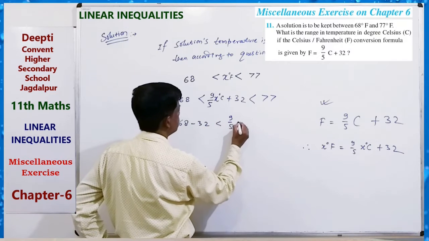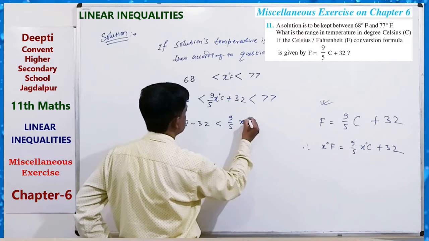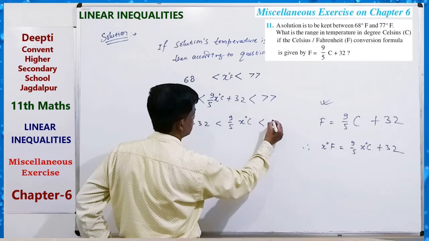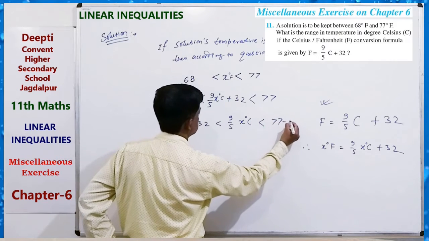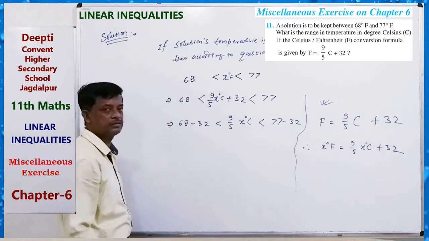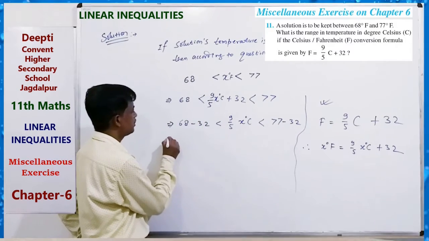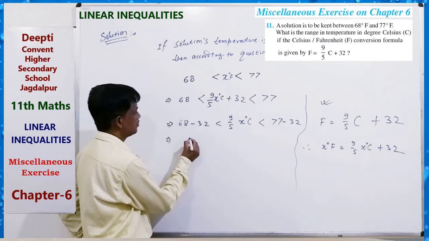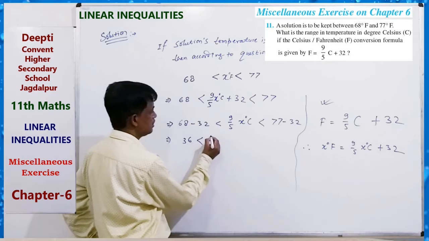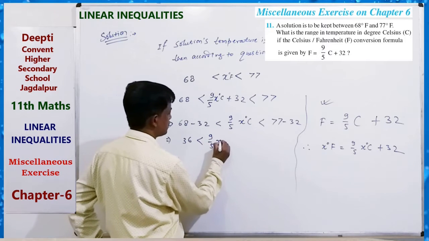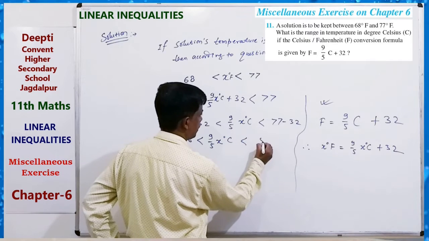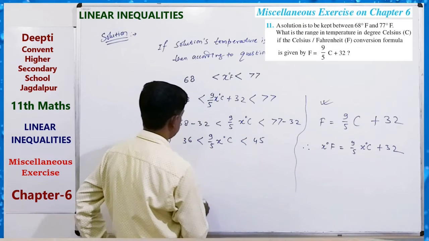9 by 5 x degree Celsius is less than 77 minus 32. Just subtract 32. So we get 36 is less than 9 by 5 x degree Celsius is less than 54.